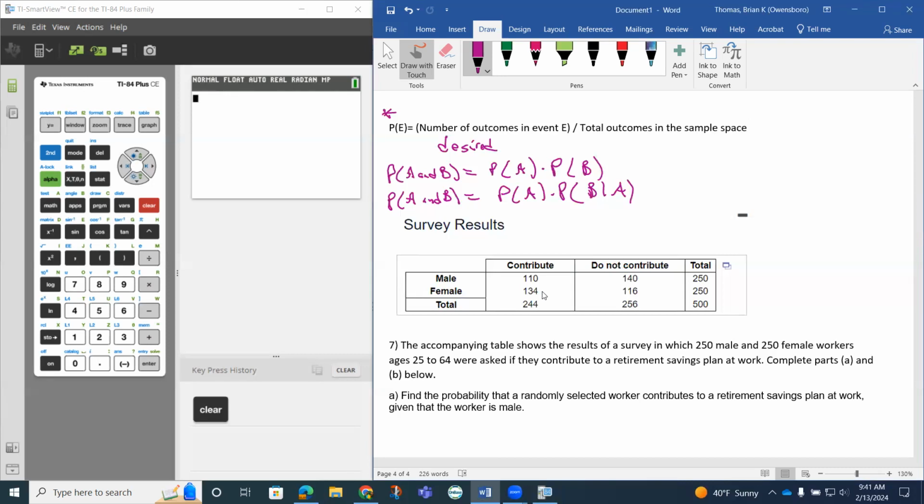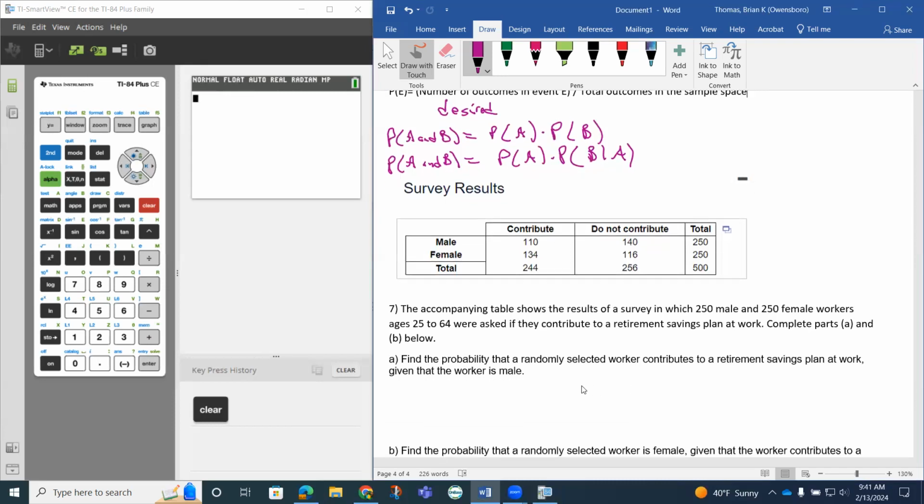The females: 134 contribute, 116 do not contribute, out of 250 females. So the totals are 244 employees who contribute, 256 employees who do not contribute, out of 500 employees. The first question says, find the probability that a randomly selected worker contributes to a retirement plan at work, given that the worker is male.